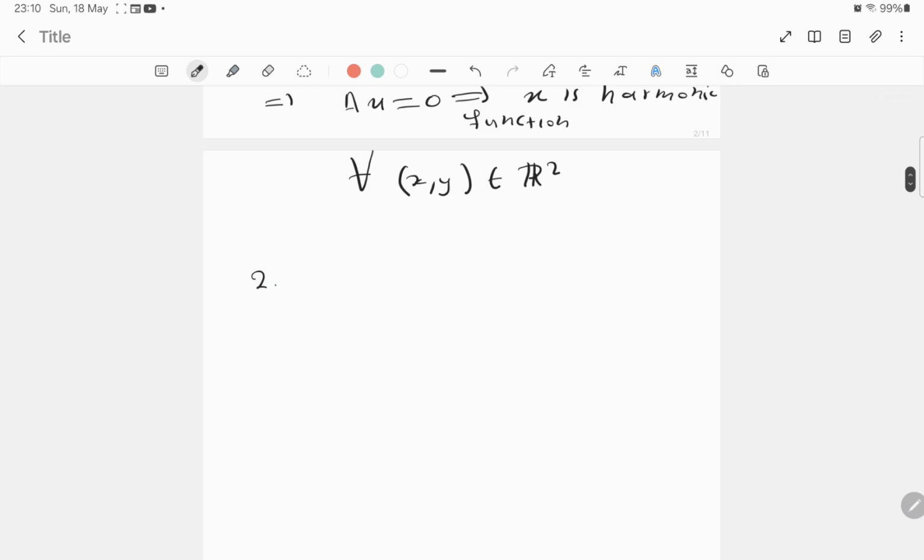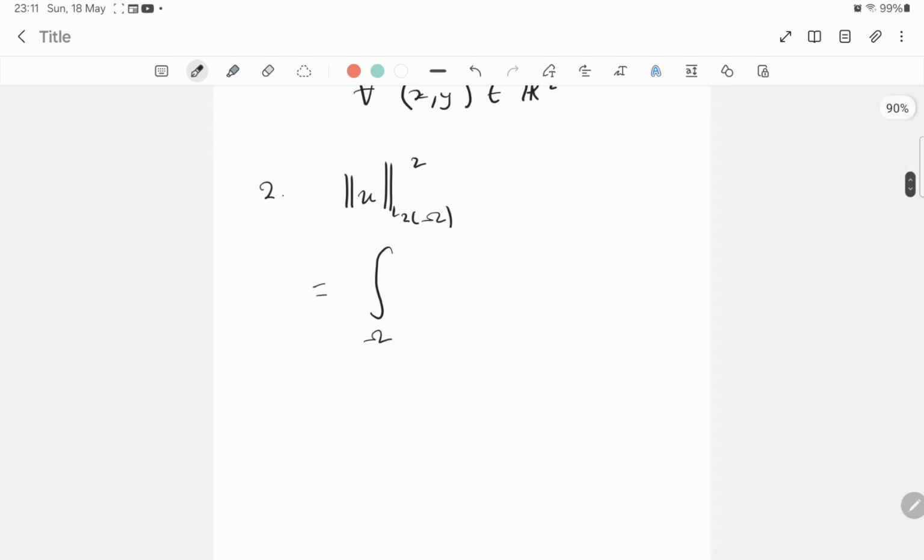Number 2, I want to calculate the norm of the function u, the L2 norm, in the bounded region omega, and take the square of it. So that's the integral over the region omega, which is a bounded region in R2, of u squared d omega.